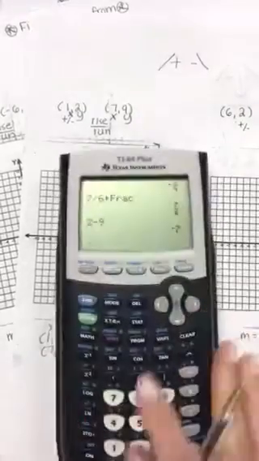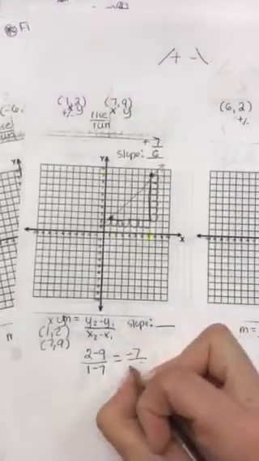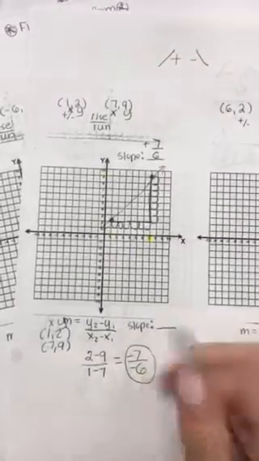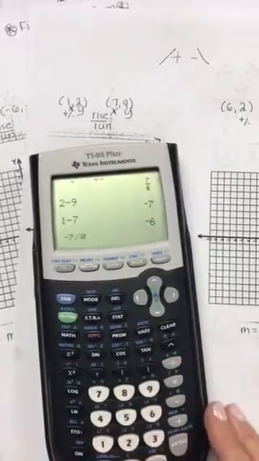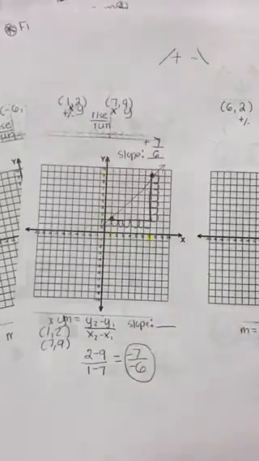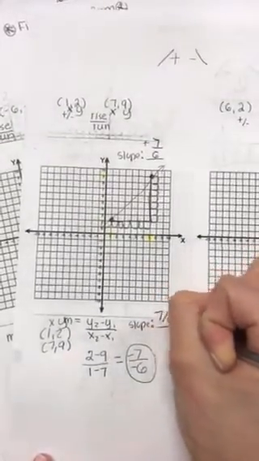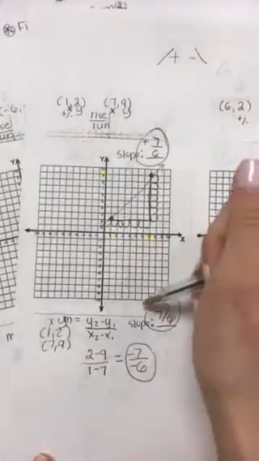And then 1 minus 7, -6. Okay, we're never going to leave two negatives like this. We're always going to check, type in your calculator, -7 divided by -6, and you're going to simplify. Math, enter, enter. The final answer is 7/6. So as you can see, we have the exact same answer.